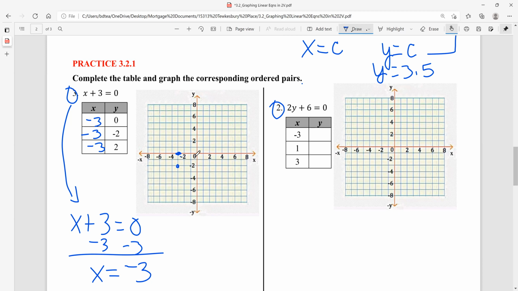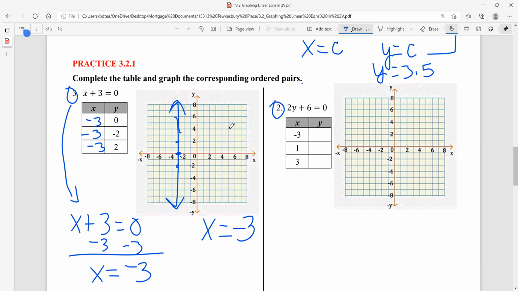And then -3, 2: from the origin, going to the left 3 and then up 2. You should be able to see that this is going to be a vertical line. This is the graph of the line that represents the equation x equals -3.